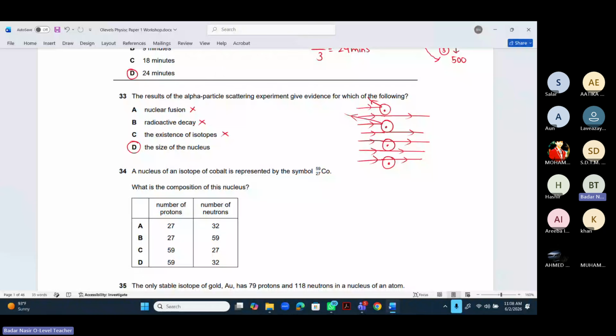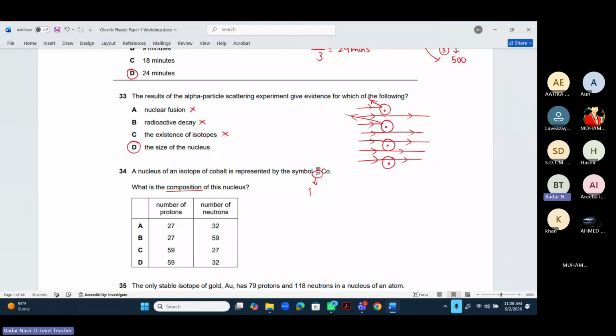Okay. Question number 34. A nucleus of an isotope of cobalt is represented by this symbol. What is the composition of the nucleus? So composition means he's asking you for the number of protons and the number of neutrons. So iska proton number is 27.